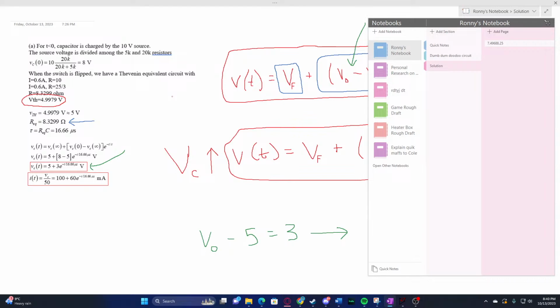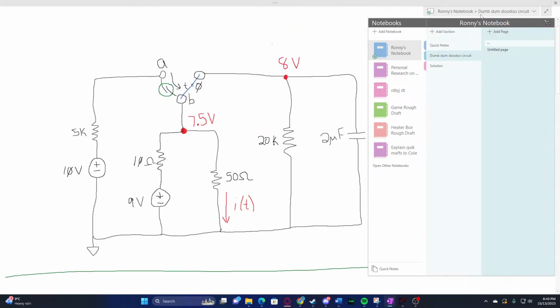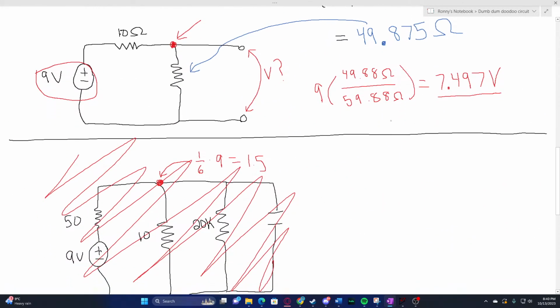The time constant was something that I did get right, the 16.66 microseconds, and I'm trying to remember specifically how I did that. Oh, right. So it was that Thevenin equivalent resistance. So when you get that, do I still have that circuit drawn?